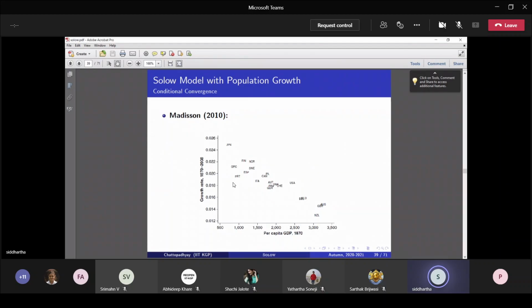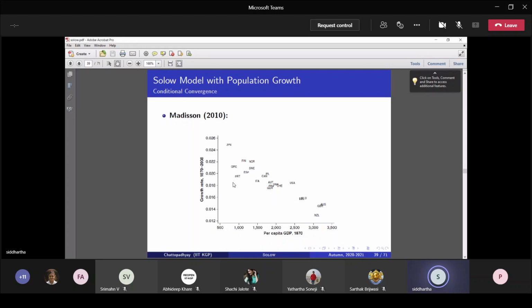In the year 1870, Japan was the poorest country and its growth rate is highest. I'm measuring growth rate on the y-axis. The richest country is something like Great Britain, whose growth rate is almost lowest.